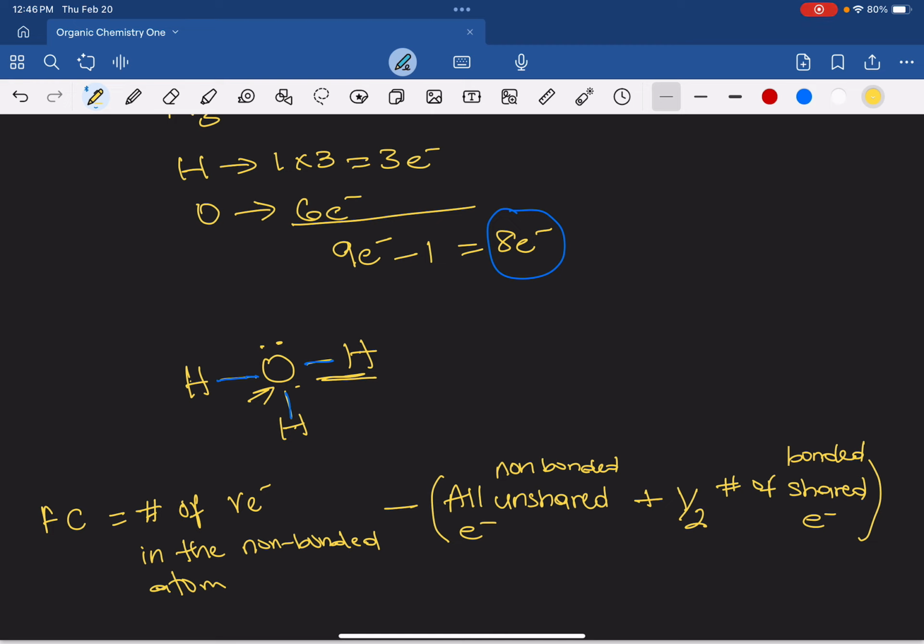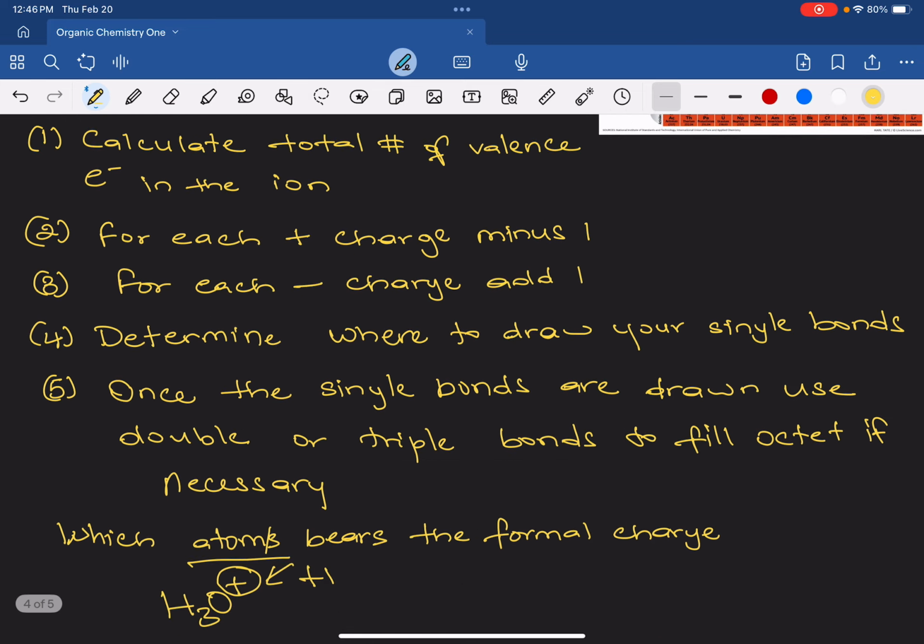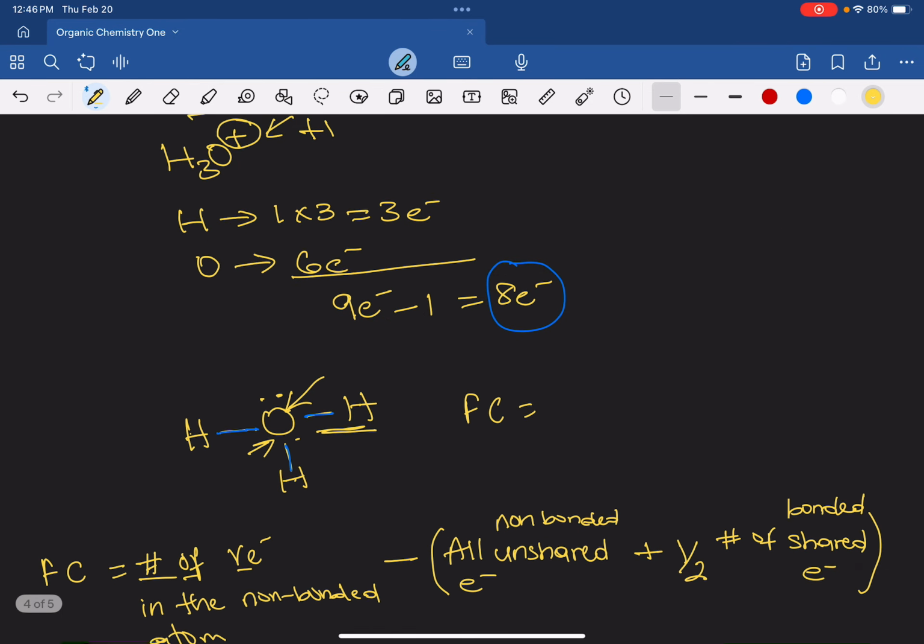So let us calculate the formal charge for oxygen, right? To calculate the formal charge for oxygen, FC is equal to the number of valence electrons for oxygen when it's in the periodic table, it's in group 6. We should know that by now, right?